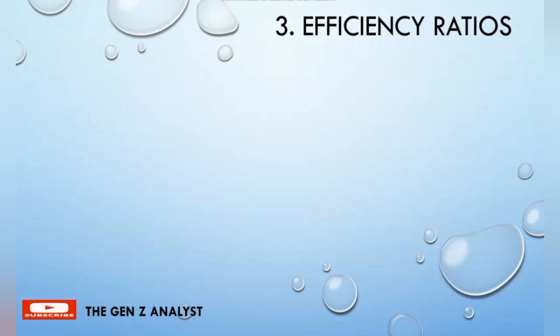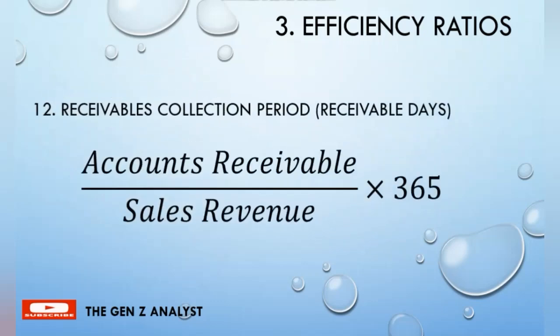The next efficiency ratio is the receivable collection period, also known as the receivable days. This one is talking about how long it takes for our receivables to be paid to us. That is, how long does it take for our debtors to pay us? That is the receivable collection period.